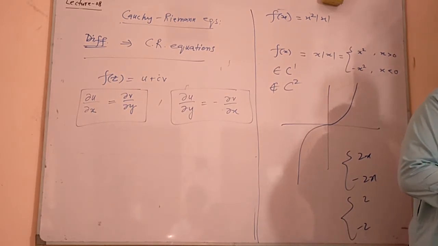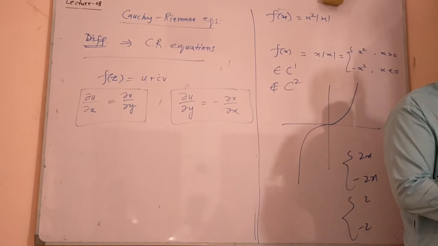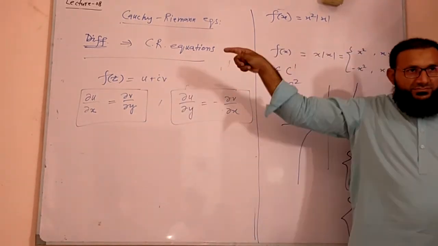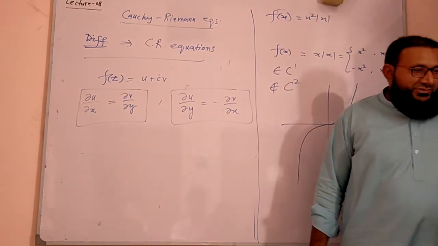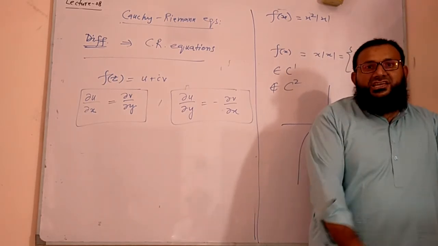If CR equations are satisfied, will the function be differentiable or not? I've written implies, so there is no converse. We have to be careful about that. If it is differentiable, CR equations will be satisfied.